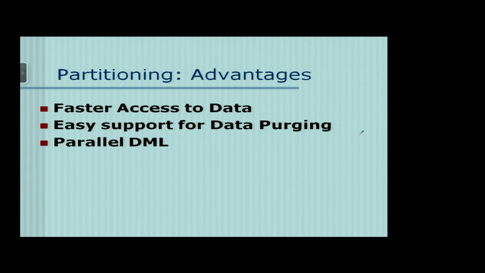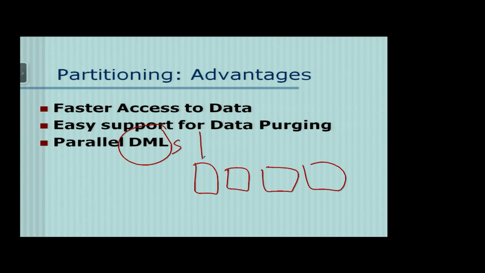As I said, we'll be working with DMLs instead of DDLs, right? So parallel DMLs. If there are different partitions and I want to do some processing on them through DMLs, each partition can be handled by a different processor, right? So that facilitates parallel processing.